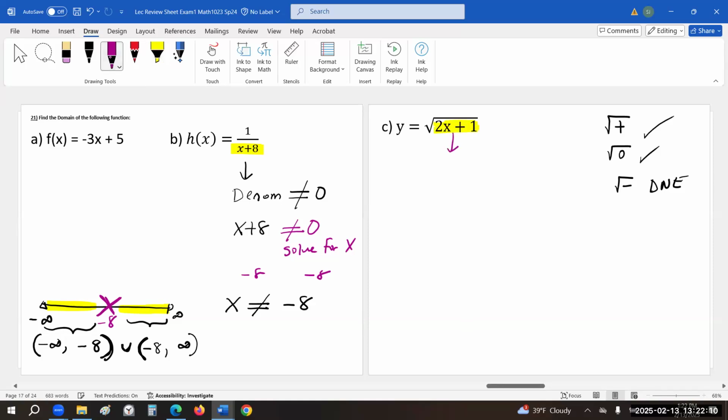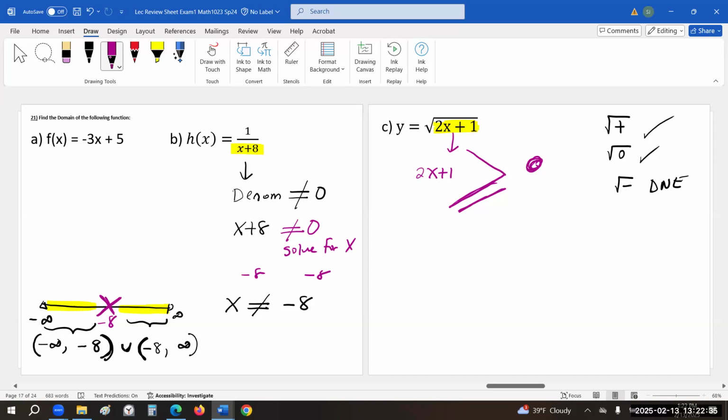So we start with our function inside. That function, not only x, the entire function, can be positive or it can be equal to 0. It can be positive, it can be 0, but definitely it cannot be negative.